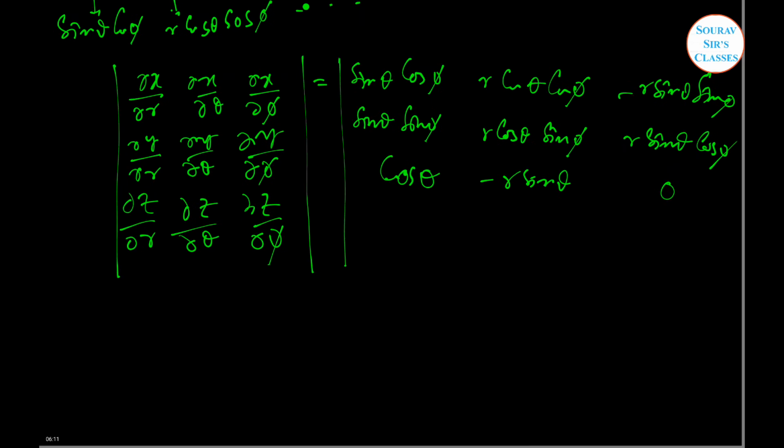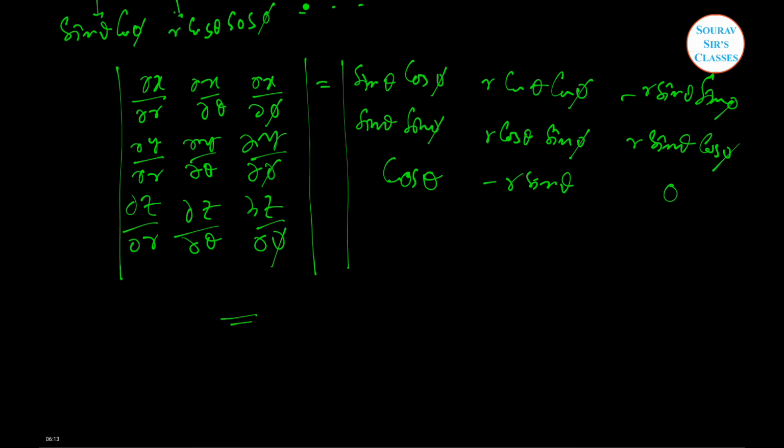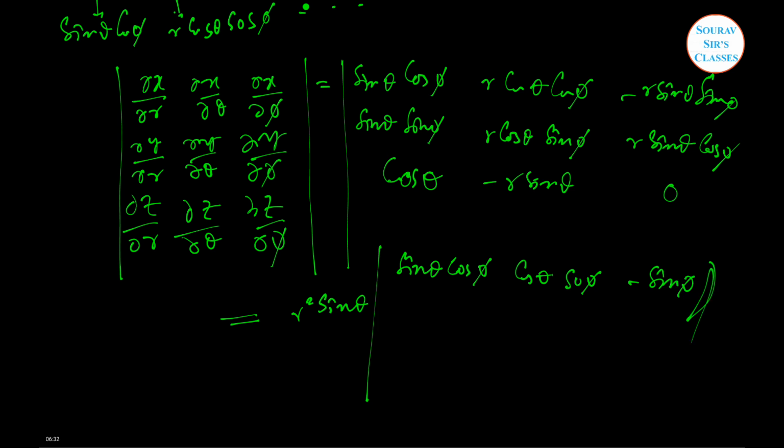That's it. So here if we just put it, r square sine theta, so this is sine theta cos phi, cos theta cos phi, minus sine phi as well.